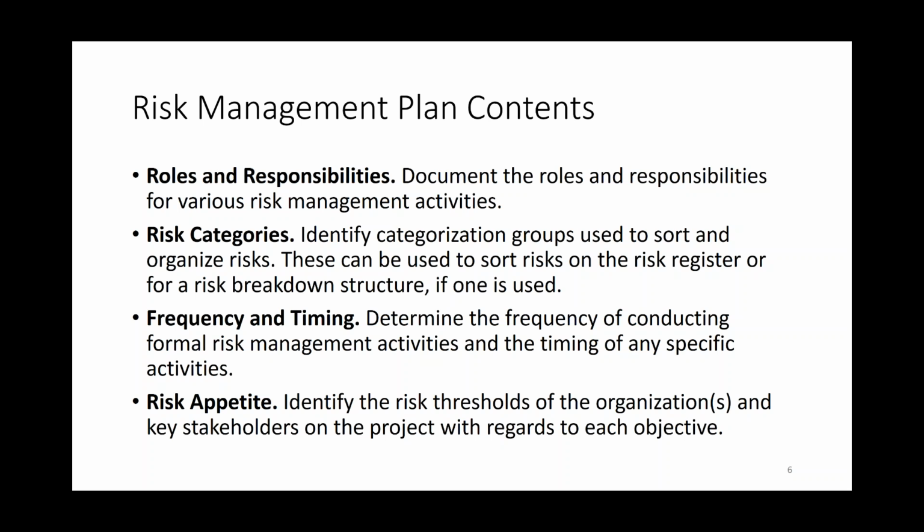So for instance, if I say my threshold for the budget objective is 10%, that means if I have anything that's going to go over 10%, I'm going to take action. So if I have something that's going to be over budget by 4%, I don't take action. But if it goes over by 10%, that is my threshold for taking action.